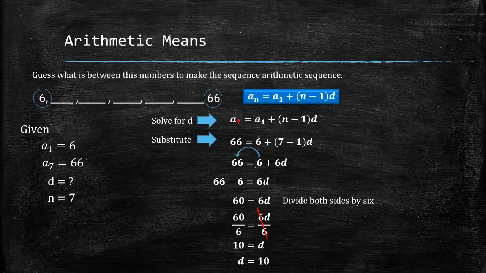So 6 plus 10, naa tay 16, then you add another 10, 26, then you add another 10, 36, another 10, 46, another 10 is 56, then if you add another 10, you will have 66. So class, the arithmetic means are 16, 26, 36, 46, and 56. So that's how unsaon pagkuha sa arithmetic means sa atong arithmetic sequence.